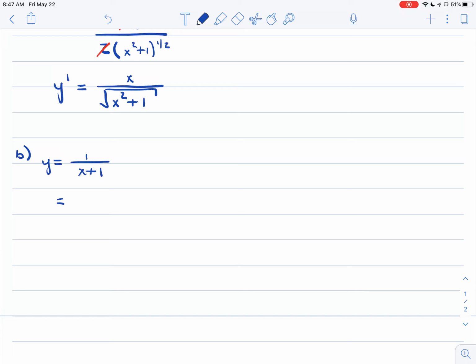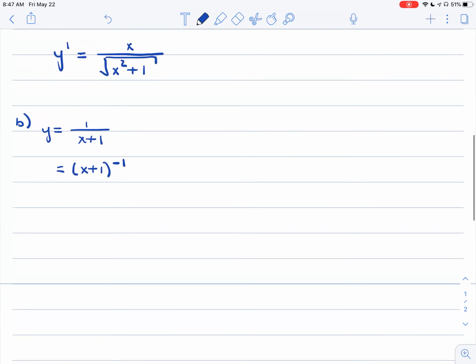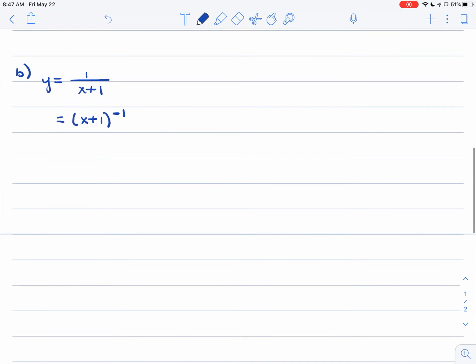So I'm going to go ahead and rewrite this as x plus 1 to the power of negative 1. Okay, by doing that, it makes it a chain rule problem instead of a quotient rule problem. Now, either way, you would get the same answer. It's just kind of personal preference on which route you would like to go.